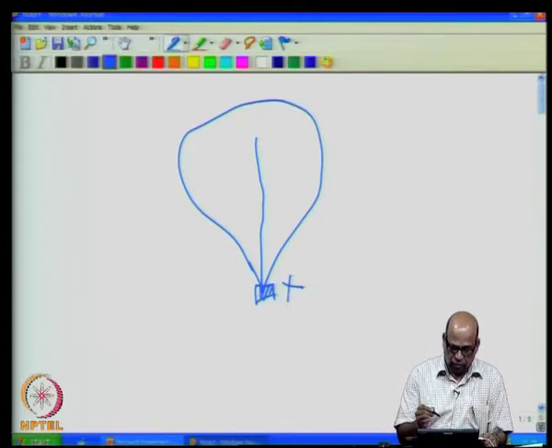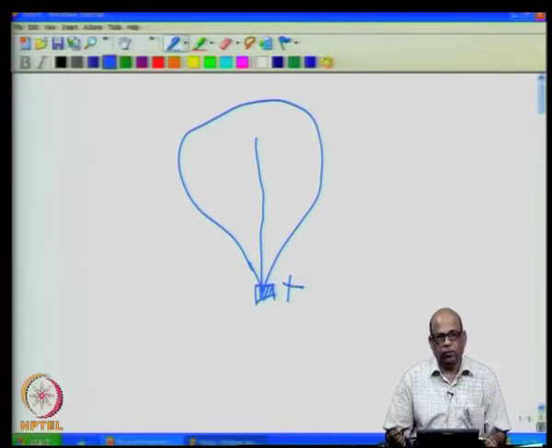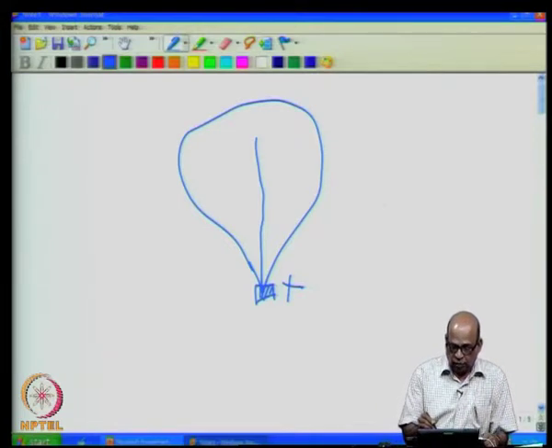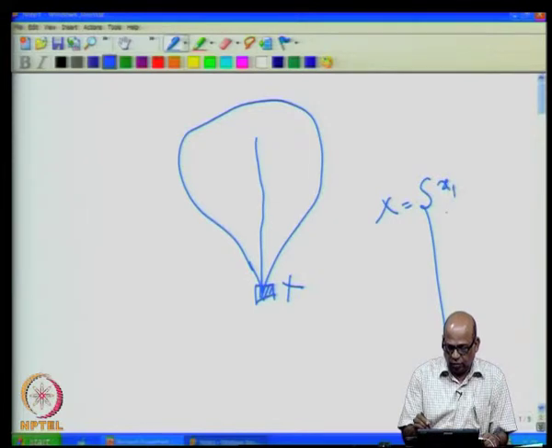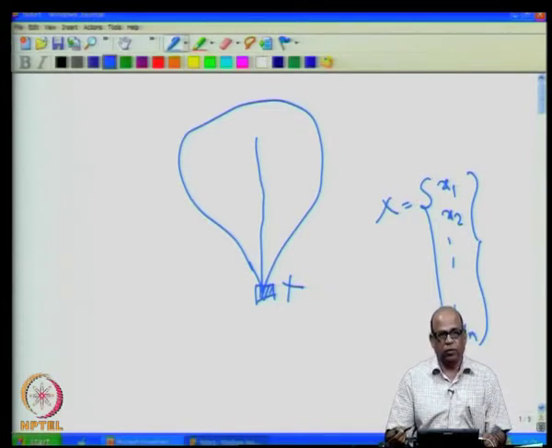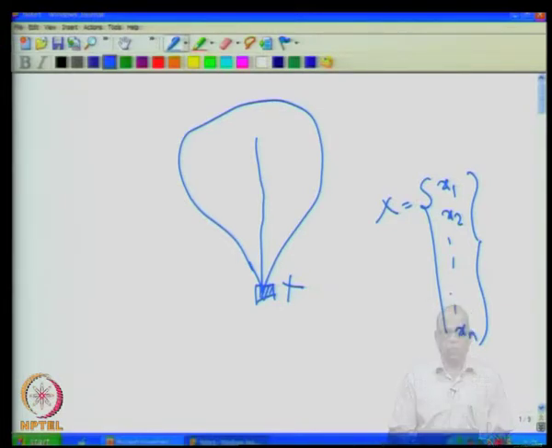Let us say the stream flow at this location, we define it as random variable x. And for this x, you have observed data like x 1, x 2 etcetera, x n. There are n years of data available. If it is an annual stream flow we are talking about, n years of data is available.